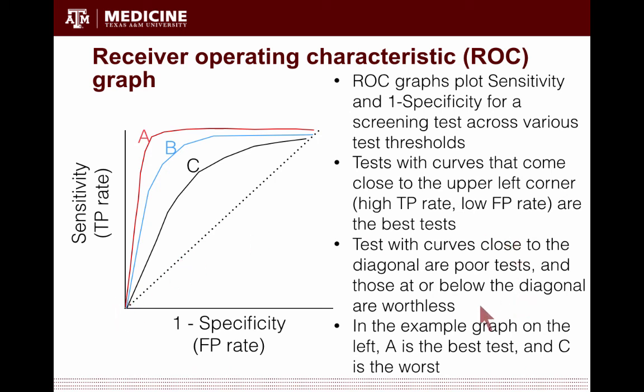And those at or below the diagonal are completely worthless. So a test along this line or below this line would have no value as a screening test or diagnostic test. And just to reiterate, in this example, test A is the best, test B is the next best, and test C is the worst test based on this graph.